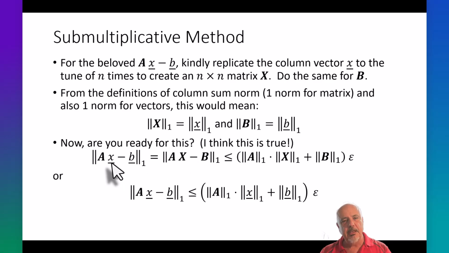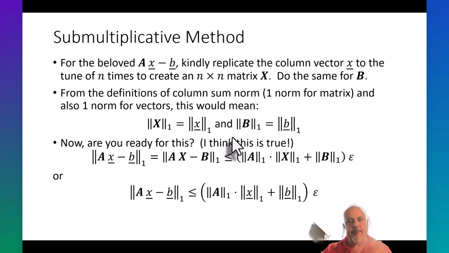So you ready for this? Here's what I want to do. I want to take the one norm of ax minus b in terms of our normal vectors, and I want to say that's equal to the one norm of a times x matrix minus b matrix.